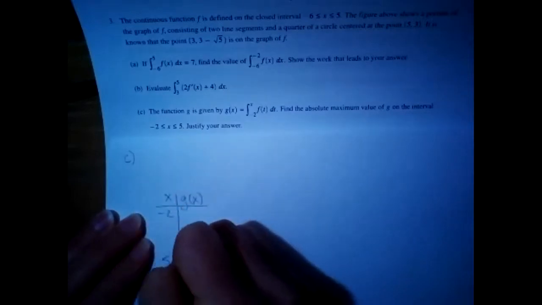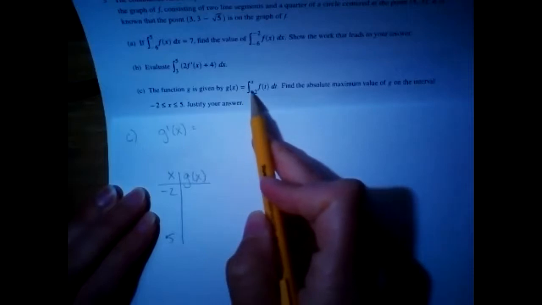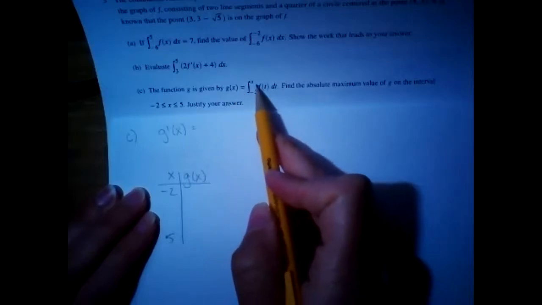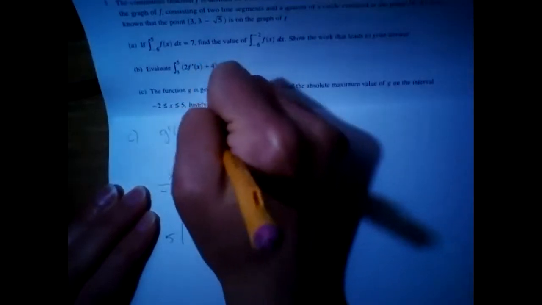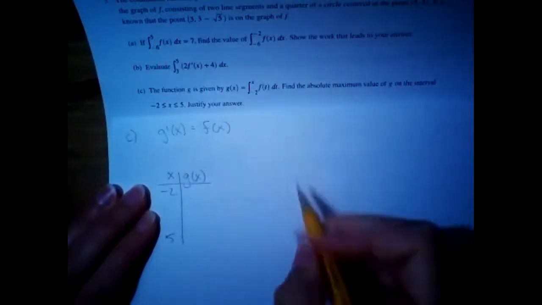End points are -2 and 5. And then critical points, where its derivative equals 0. So the derivative of g, derivative and integral cancel, and it would just be f of x.